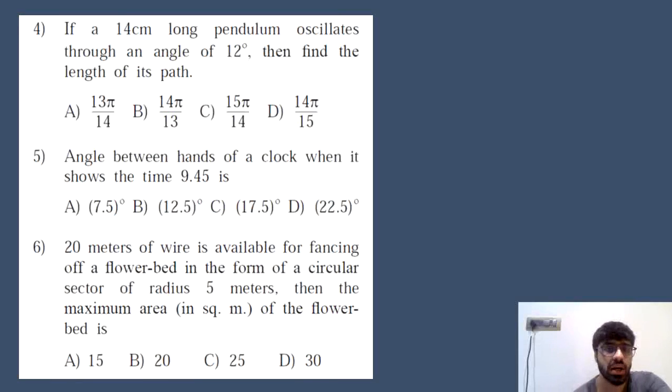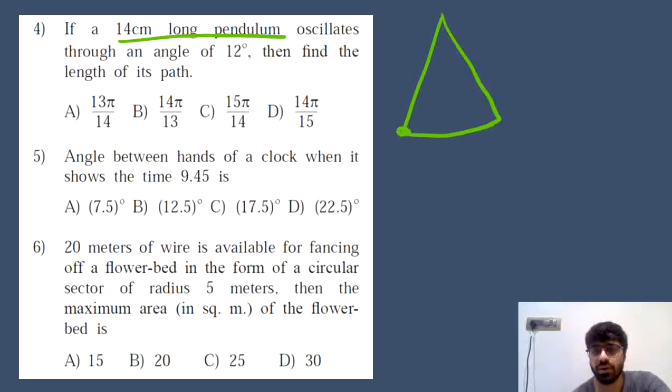Let's take the next one. If a 14 centimeters long pendulum oscillates through an angle of 12 degrees, then find the length of path. Quite simple. So take this as the pendulum. It's oscillating like this. So it's oscillating through an angle of 12 degrees and the length of pendulum is 14 centimeters. The length of path is basically the length of arc, which is given by r theta.